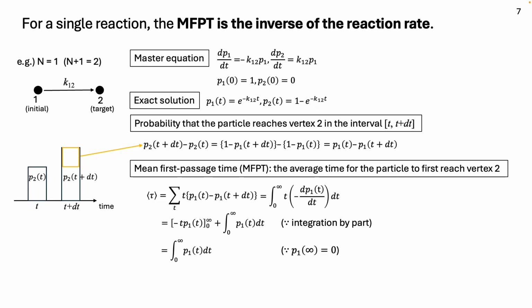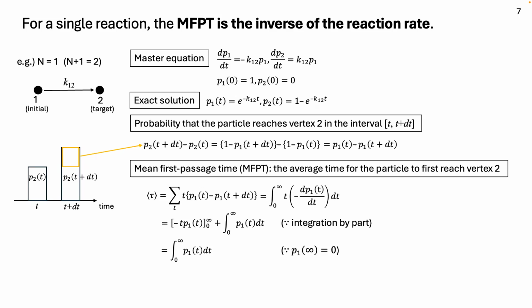The probability that a particle reaches vertex 2 in this interval is this. Is this correct? Okay. So what that means is, I think, the probability that the particle reaches vertex 2 in the interval here for the first time.